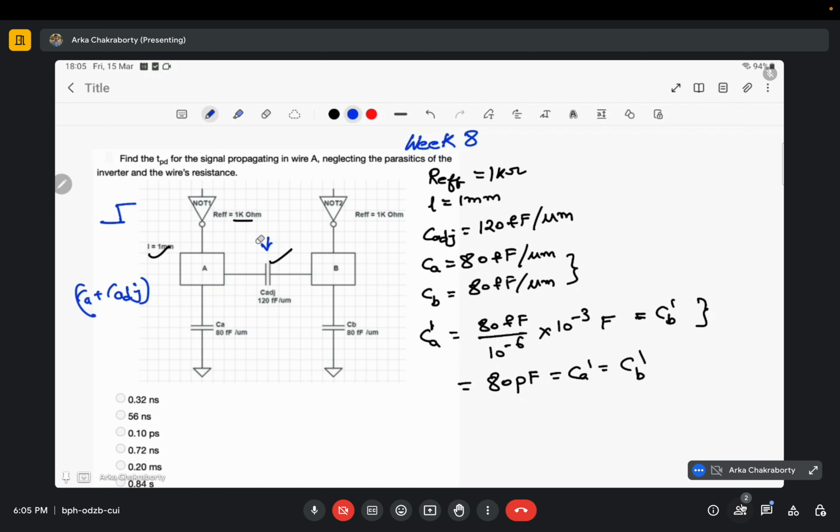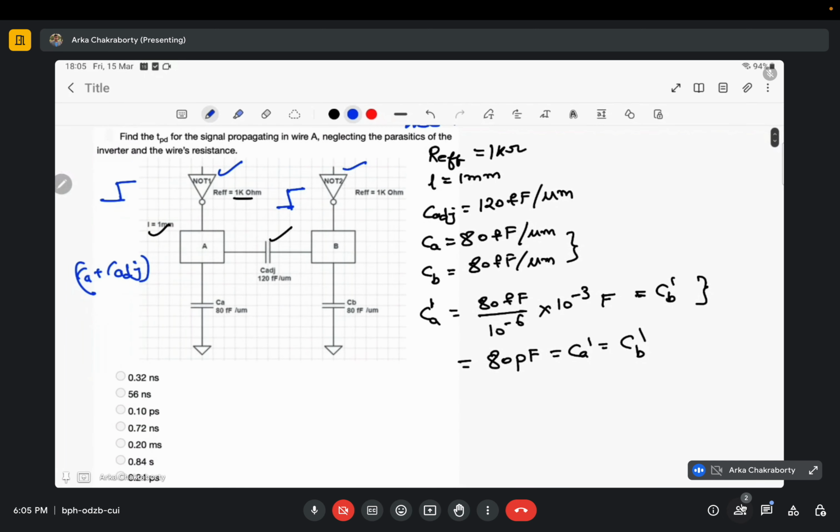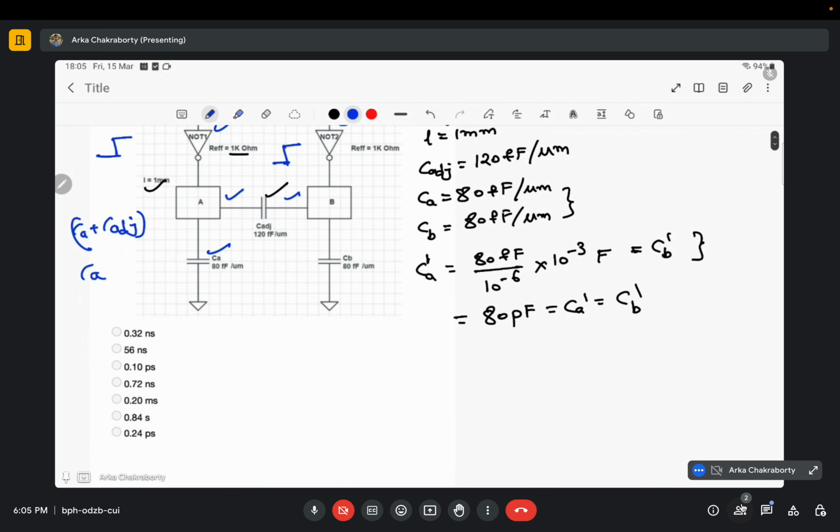Second condition: the drivers of this aggressor and victim circuits are seeing the same kind of input. In that case, I only need to charge the capacitance Ca, and as the voltage difference between these two nodes would be 0, I don't need to charge C adjacent.